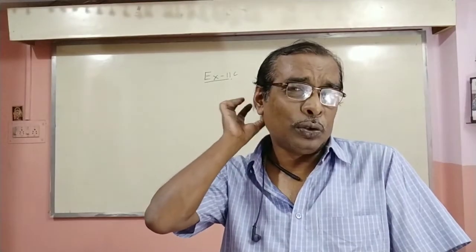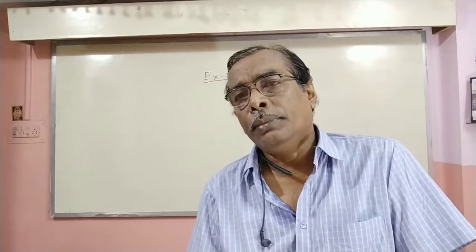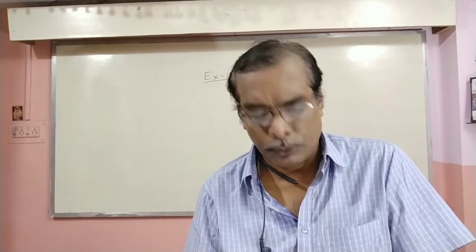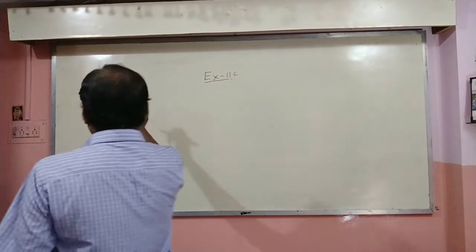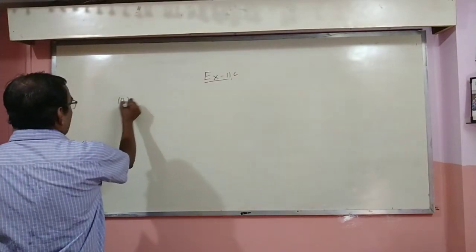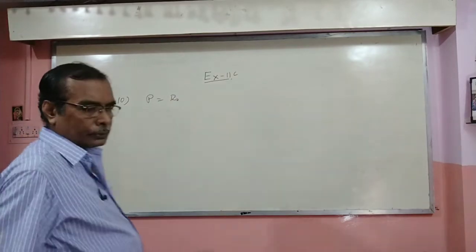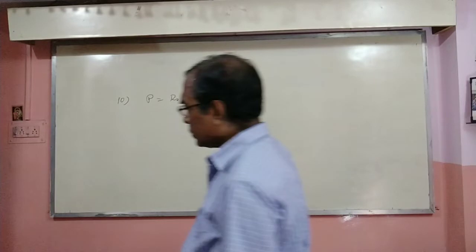He has taken the loan for a very small period, only 1 year. Only 1 year means it will be 4 times, that is 4 terms. By the way, let us start. So, question number 10. Here the principal amount is rupees 3,90,625.